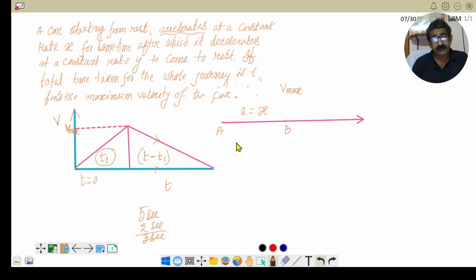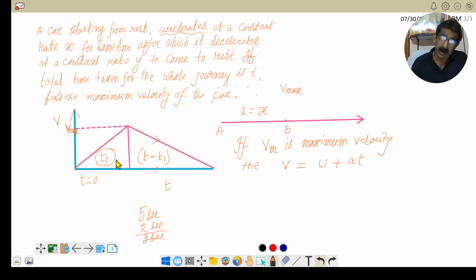So during acceleration, if Vm, with m as a subscript, is the maximum velocity, then we have the formula V is equal to U plus aT.